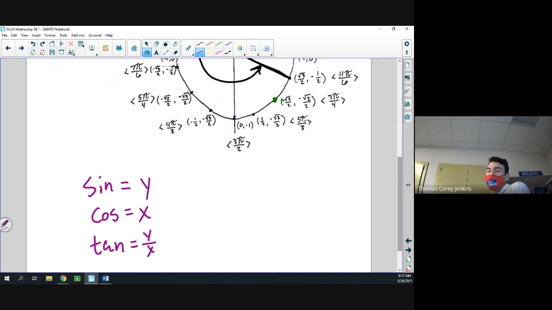Okay. So that means, based on this diagram, that our sine should be equal to negative 1/2.